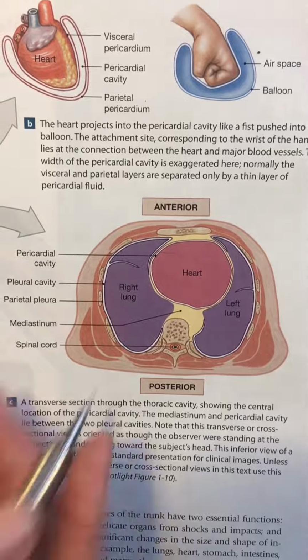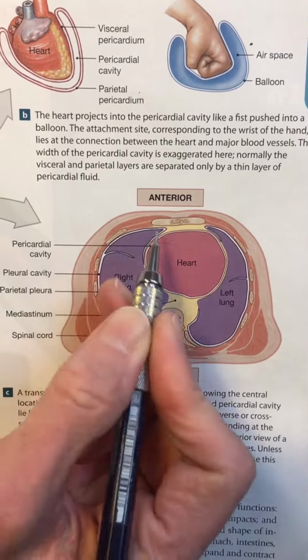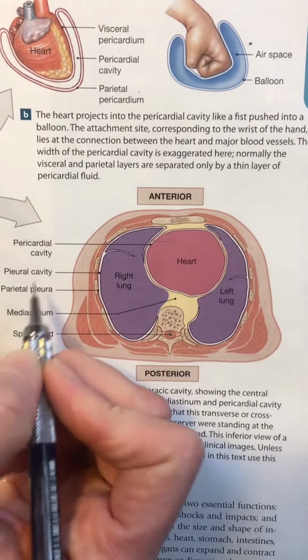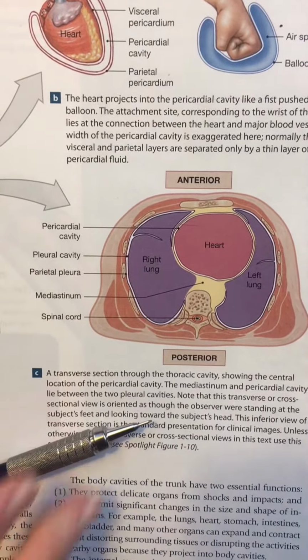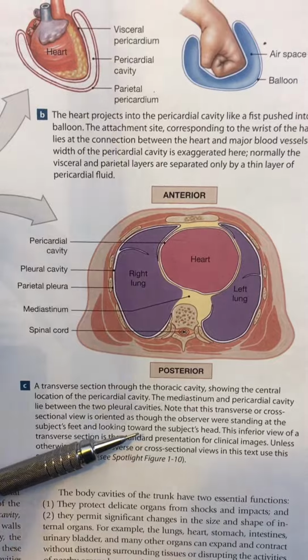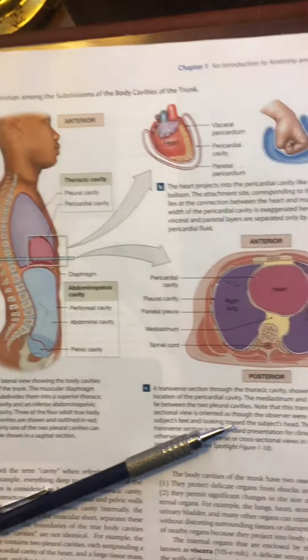So technically, when an organ is surrounded by a serous membrane, what we mean by the pleural cavity is actually the space between the visceral and the parietal part. So that would be this space inside, which usually is not much of a space at all.